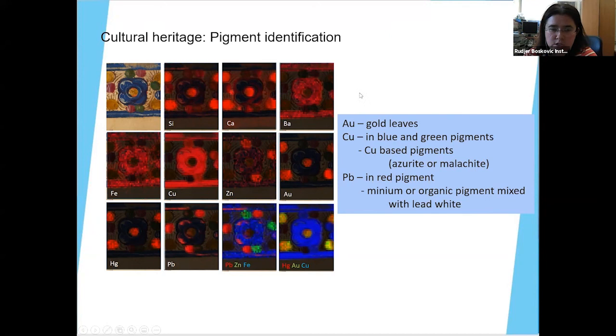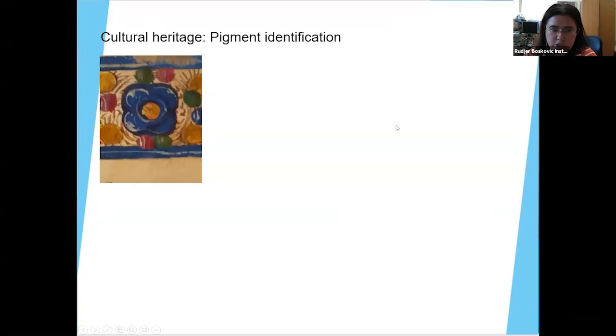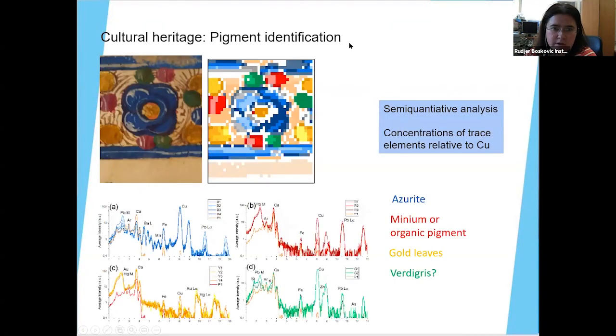This is just preliminary information, but if you perform a multivariate analysis on this image, you can also obtain cumulative spectra from red, blue, green, and yellow regions. And here in the spectra, you can identify all the elements that are present in the individual pigment.